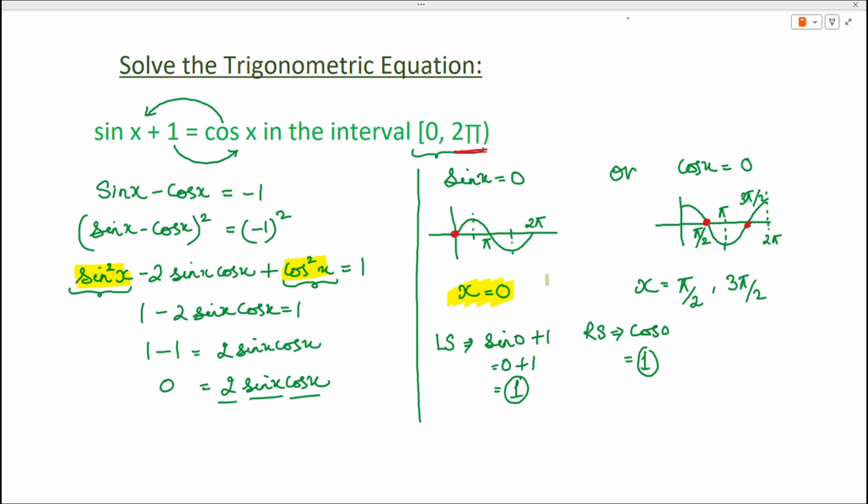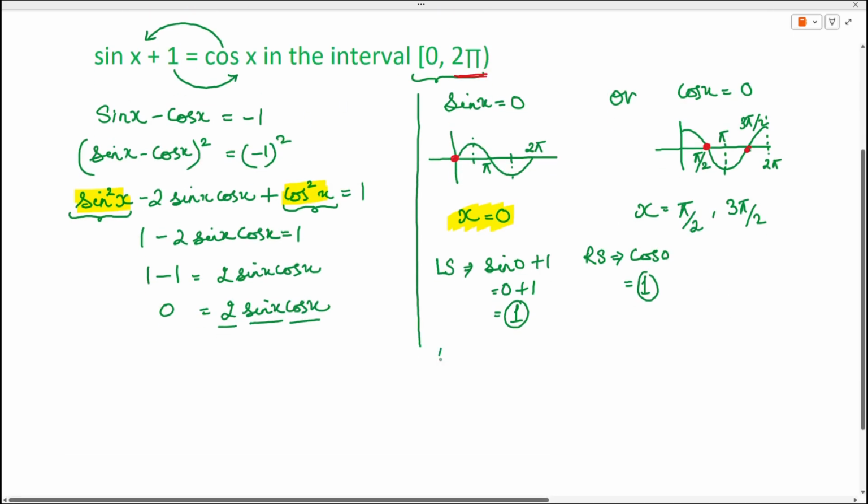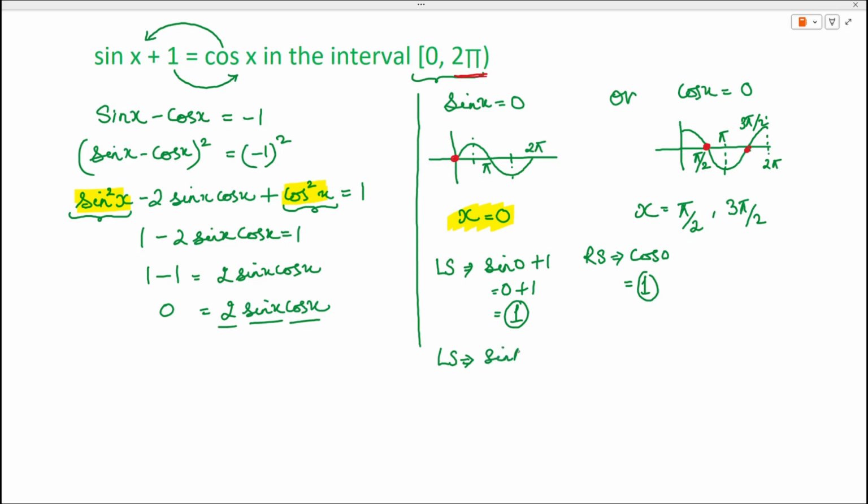So this is one of the solutions. Now let us check for x equals pi over 2. For that, our left hand side is sin pi over 2 plus 1. Sin pi over 2 is equal to 1, we can see it over here, and plus 1, so 1 plus 1 is equal to 2.